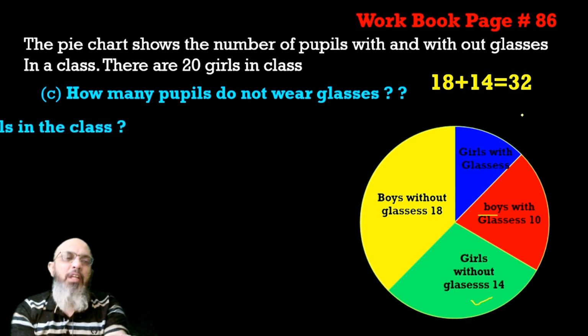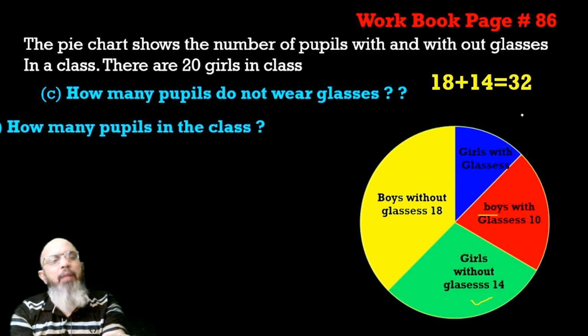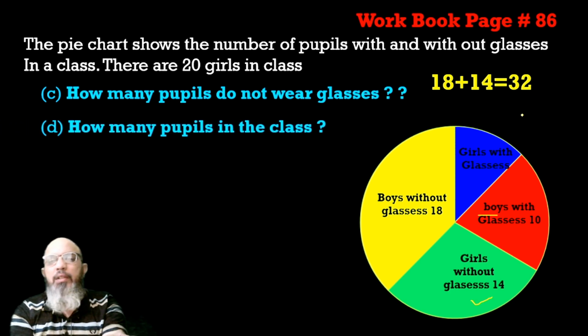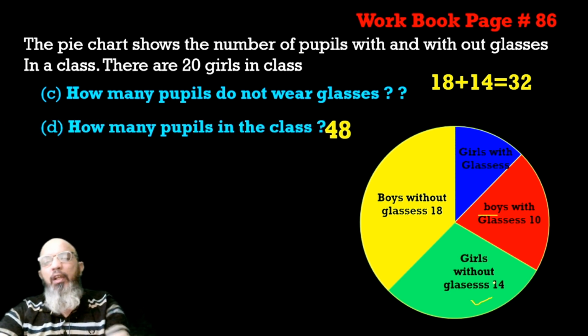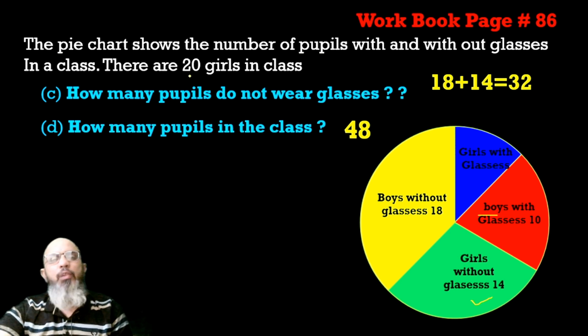Okay. D part. How many pupils in the class? Very easy. 18 with glasses and 10 with glasses, and total 20 girls. So how many total students? That is 48. 28 boys and 20 girls in the class. Very easy question.